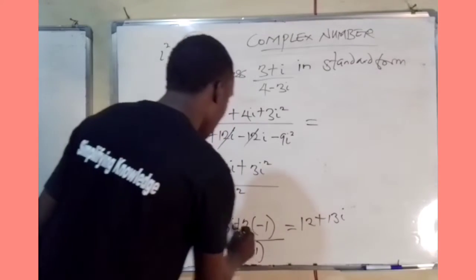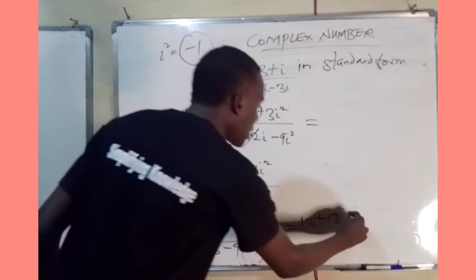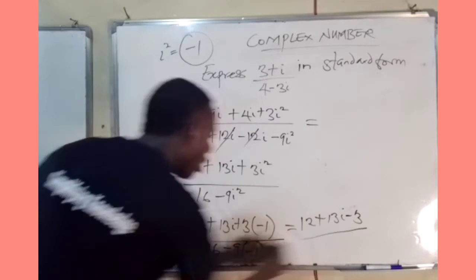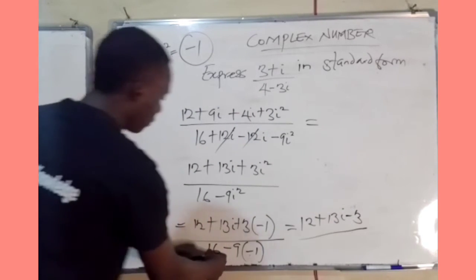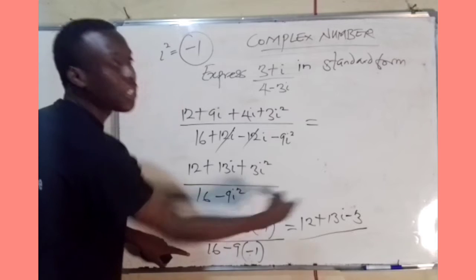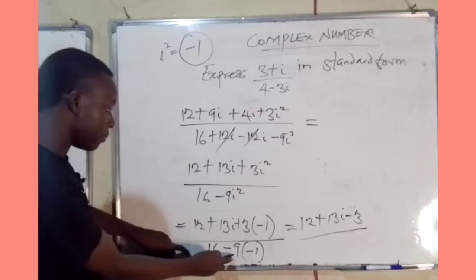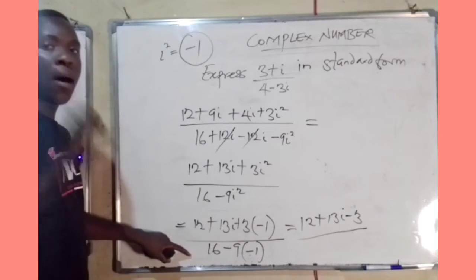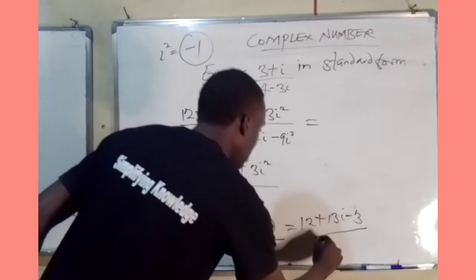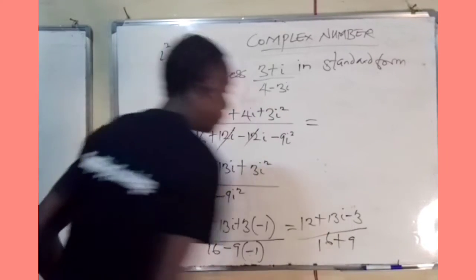Minus 9 times minus 1 is plus 9, so this is 16 plus 9.